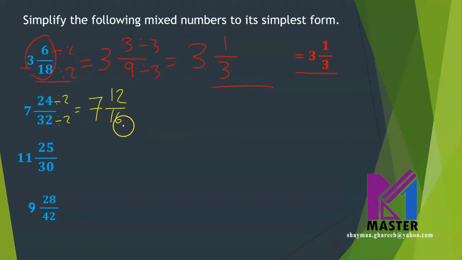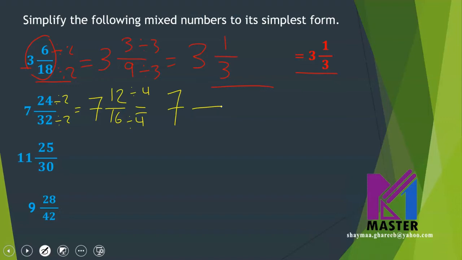Is this the simplest form, or can I do more division? Yes, I can do more division. Let's try dividing this time by 4 up and down, because 12 and 16 can be divided by 4. Okay, so we said keep the whole number as it is, then only simplify the fraction part.